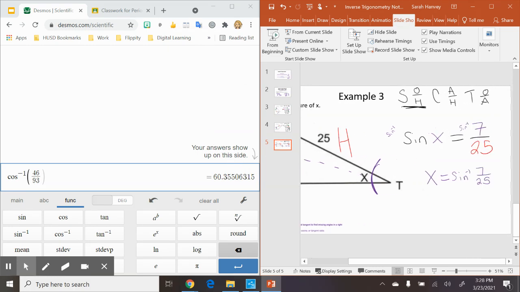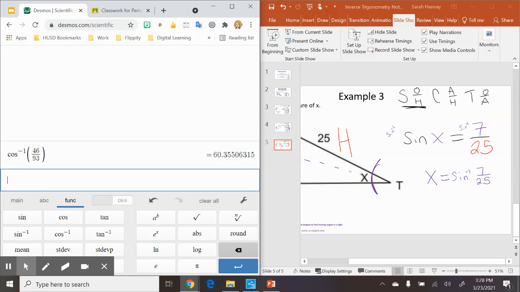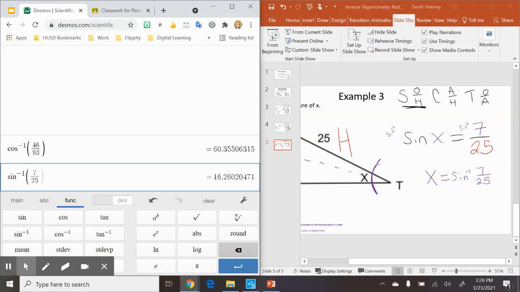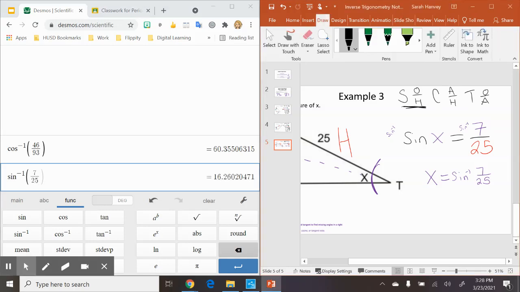And it's nice, it's already set up. I just got to change my buttons. Okay, so we're going to do sine inverse of 7 divided by 25. And we are going to write x is going to equal 16.26.